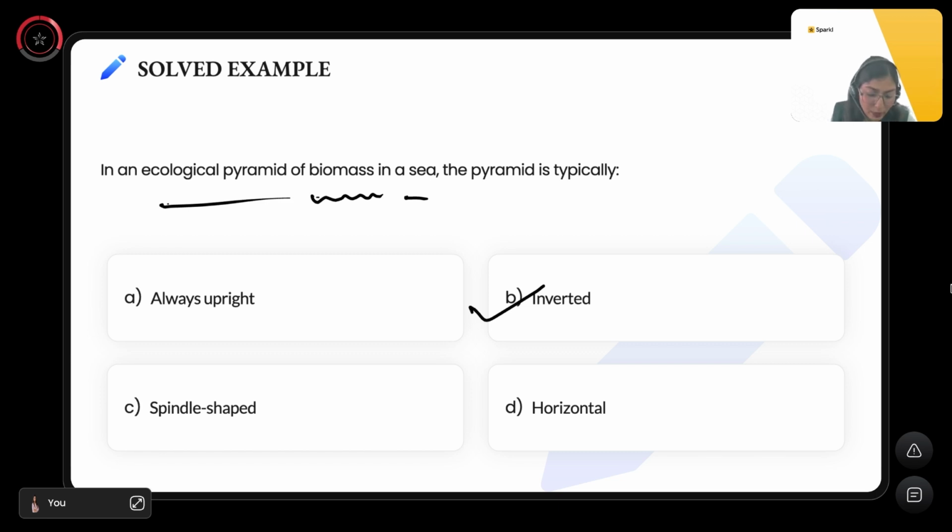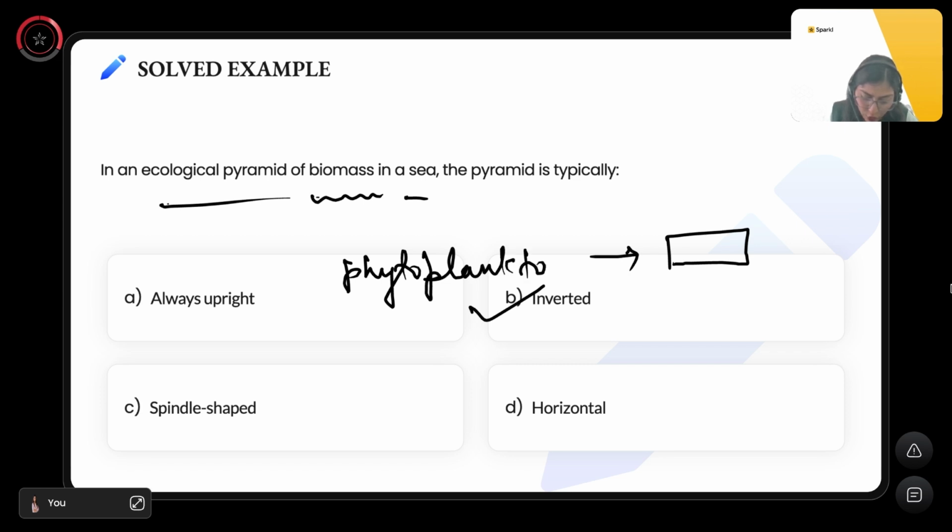Okay, why inverted? In an open ocean or marine ecosystem, the standing crop biomass of primary producers. Now, what are the primary producers in case of sea, oceans, or aquatic conditions? You have phytoplanktons, microscopic phytoplanktons, and their biomass is quite small at any given moment.